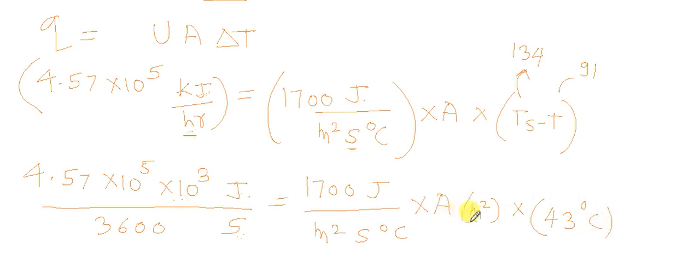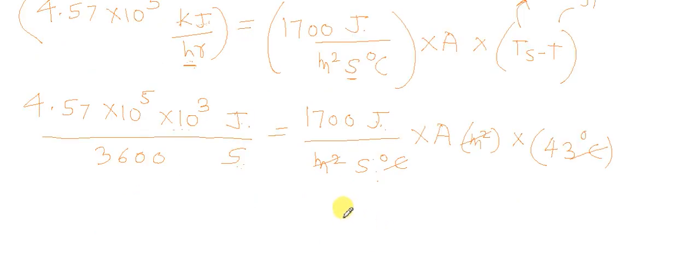So you please just check that degree Celsius gets cancelled. Meter square will get cancelled. So here you will get joule per second. Similarly here we have the unit joule per second. So this dimensional consistency of units is very important.